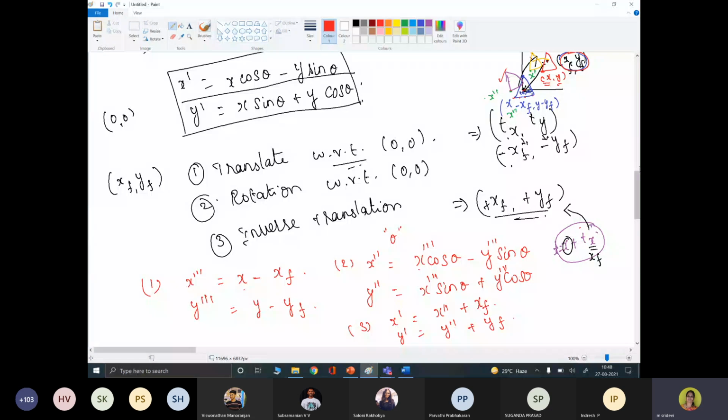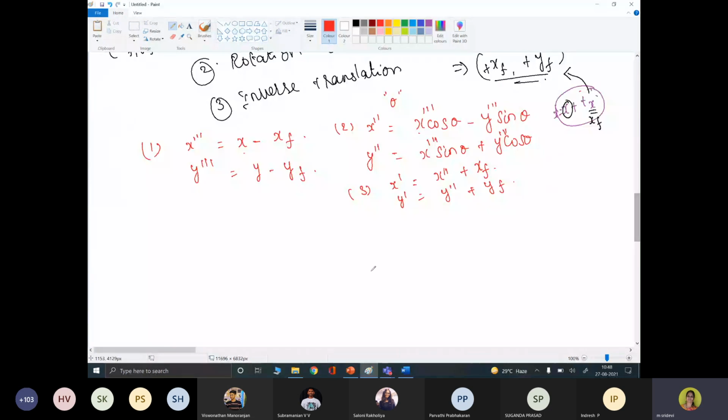So we can make the entire thing in one equation instead of writing it with separate steps. Just for understanding, I'm writing stepwise. So x dash, how are we getting x dash? x dash is obtained with the inverse translation factor plus x triple dash, which can be rewritten as, I can directly substitute this here, cos theta minus y minus yf sin theta.